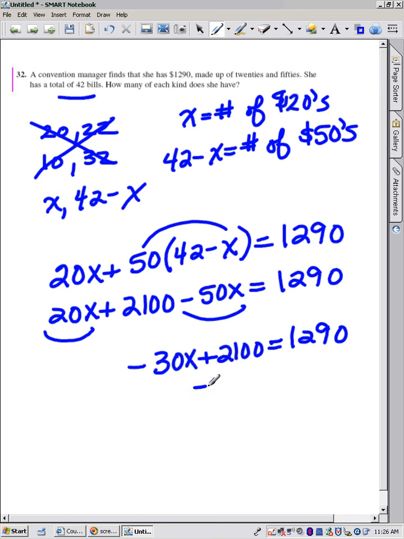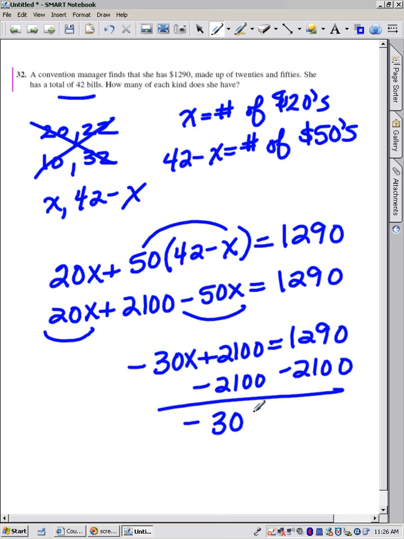So we subtract 2,100 from both sides. So we get a negative 30x equals 1,290 minus 2,100, and that is a negative 810. So divide both sides by negative 30.